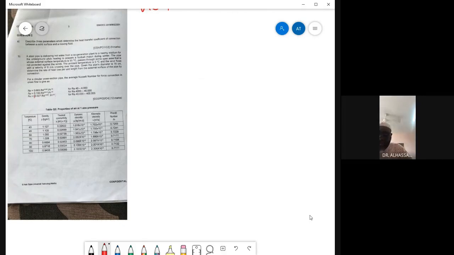Now the pipe whose external surface temperature is, assuming we have a pipe laid underground, this is our pipe, so the temperature on the surface of the pipe, Ts, equals 95 degrees Celsius.